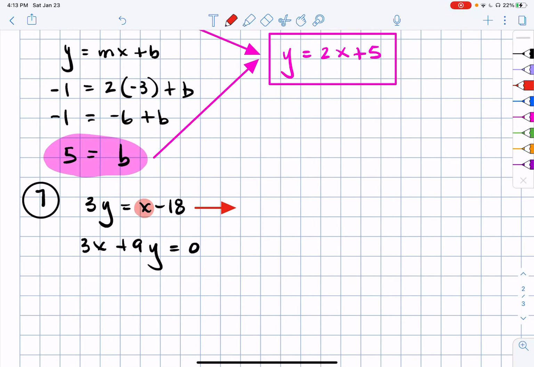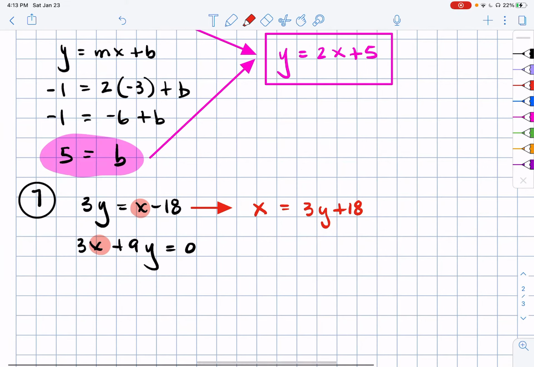So I'm going to bring that 18 over to the other side. So I'm going to have x is equal to 3y plus 18. So that's my x value, and I have an x value here on the bottom.